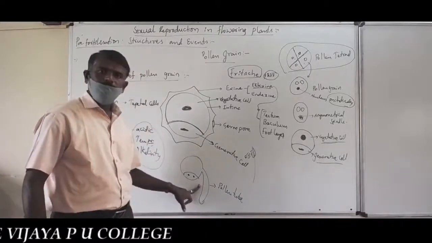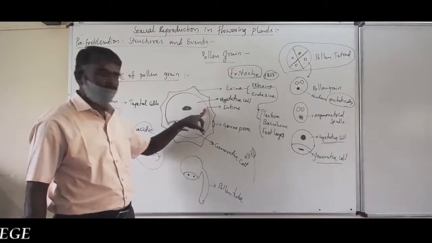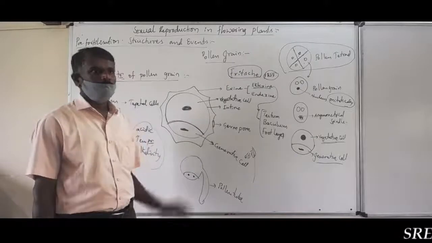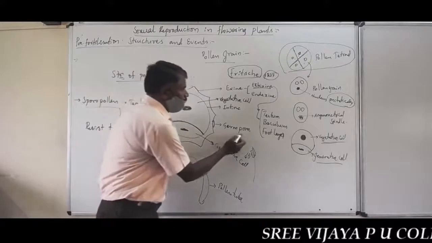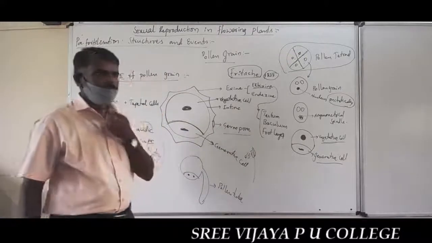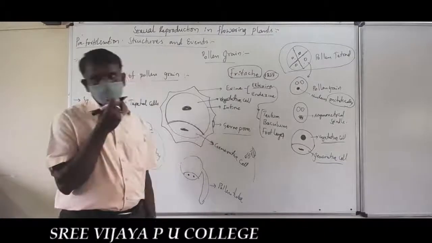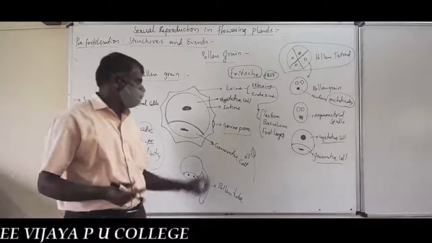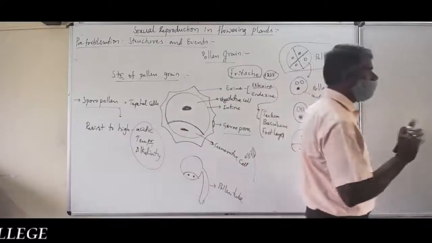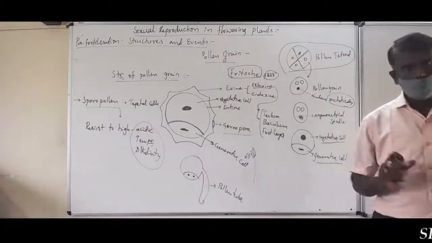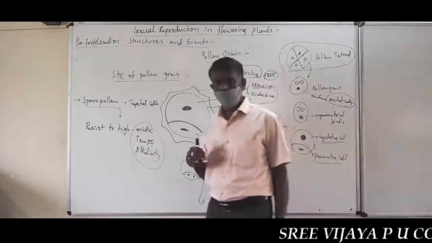The pollen tube is formed only by the inner layer, the intine. The intine is elaborated and protrudes out through the germ pore. So the main function of the germ pore is to help the pollen tube exit or protrude at the time of germination, when the pollen grain germinates on the stigmatic surface.